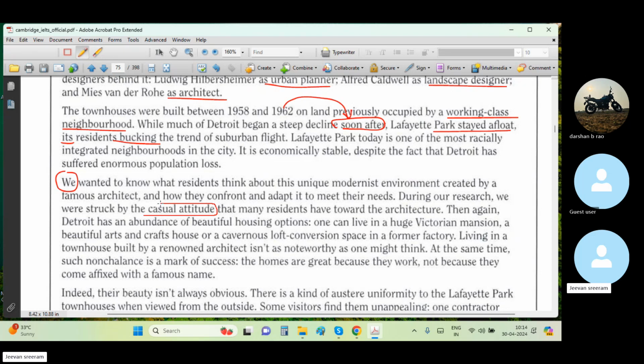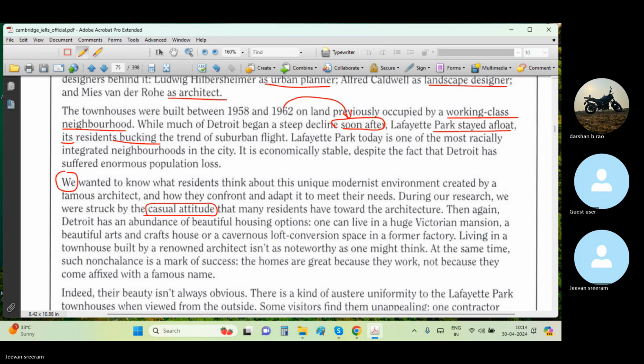There is no such happiness or excitement. They were not at all enthusiastic that they have got such great houses. They showcased a casual attitude. But the architecture was by a great, world-class architect.